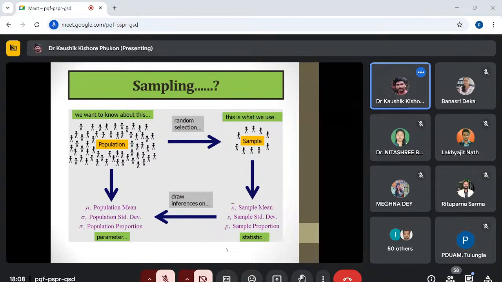In simple words, a parameter is a number describing a whole population, whereas a statistic is a number describing a sample. You should be very clear about what is meant by statistic and what is meant by parameter. If you are a bit confused about statistic and parameter, you will be puzzled. Okay, moving to our next slide.